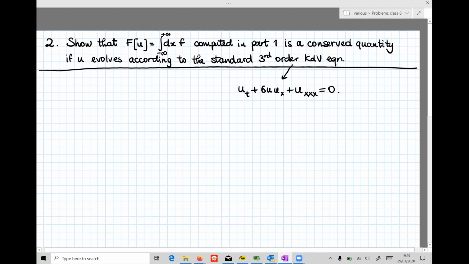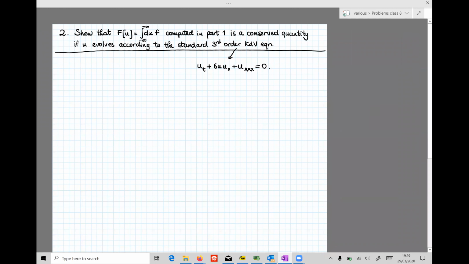Okay, so this is a type of exercise that we did quite a few times during the first term when we studied conservation laws. And so I'll let you do this as an exercise because this is really completely analogous.